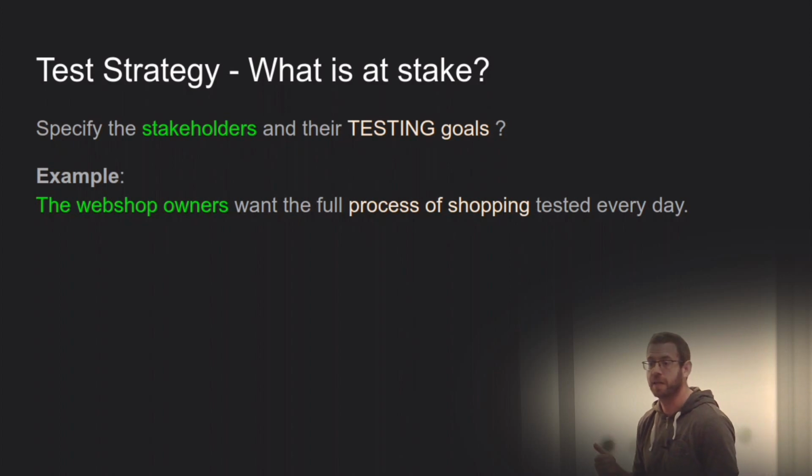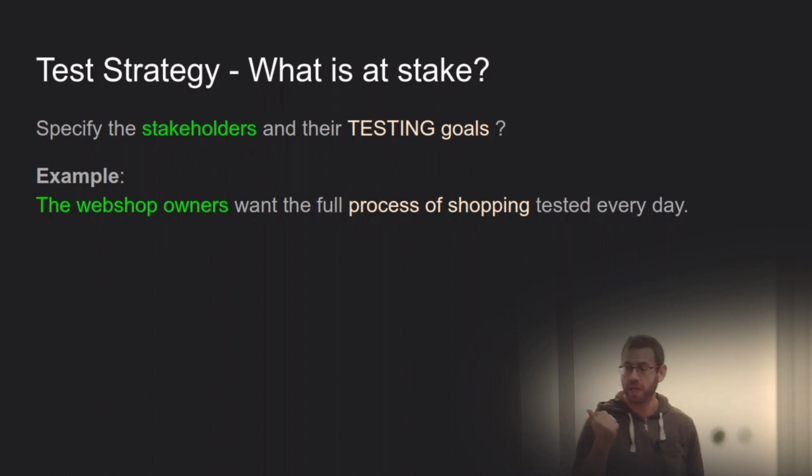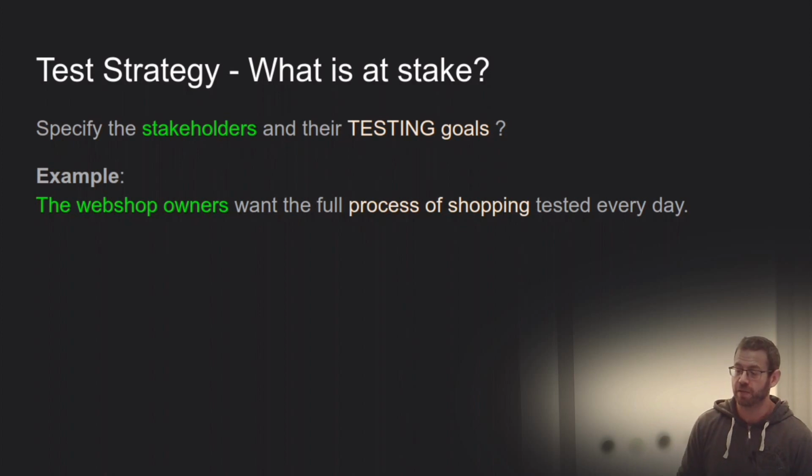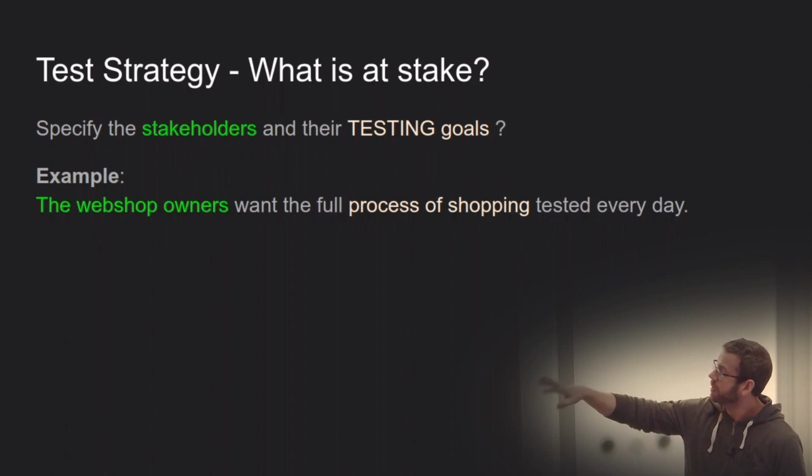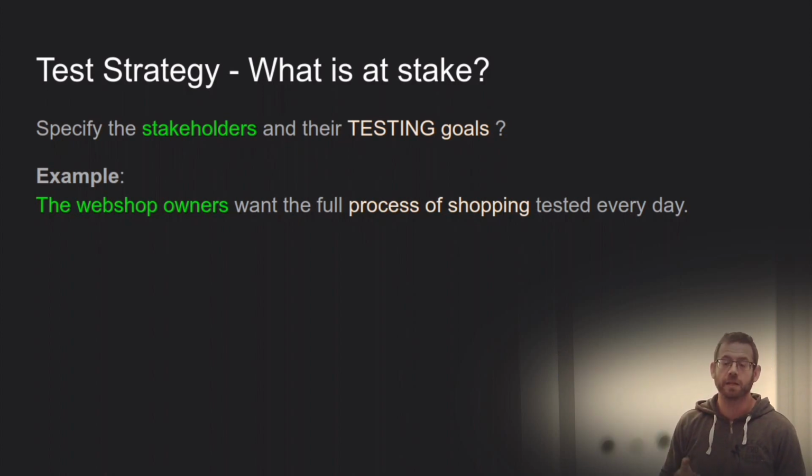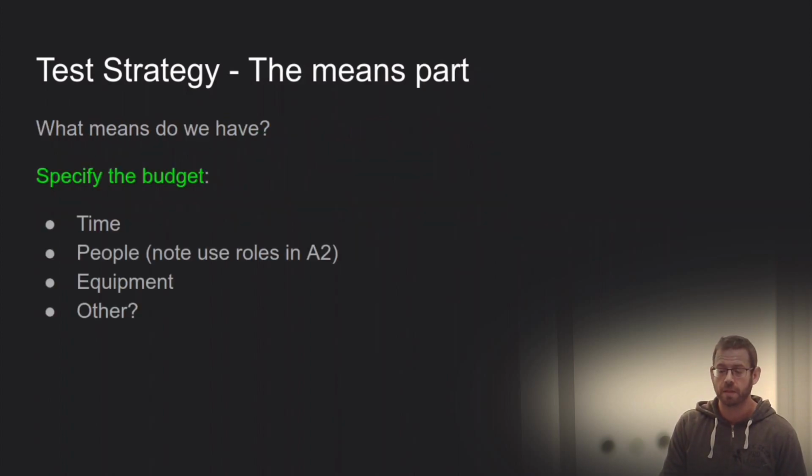They need to have something that is easy to test, and they want regression testing to be fast because they want it tested every day. So I think having not only the stakeholders and the requirement, but also something about time is a good thing to have in a goal. It should not take forever to test this, because we need to test it every day. With this goal, we probably need to focus on automation.